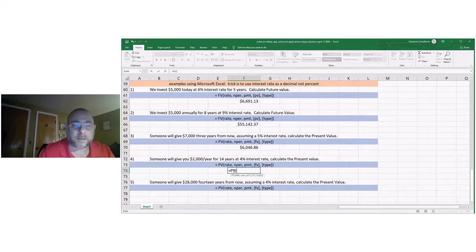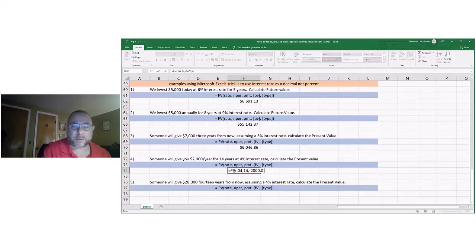You have to open the parenthesis. So the rate, 0.04. Number of periods, 14. Is this a payment situation? Yes. So it wants the payment info. We'll put it in as negative 2,000. And future value, 0. Close the parentheses.